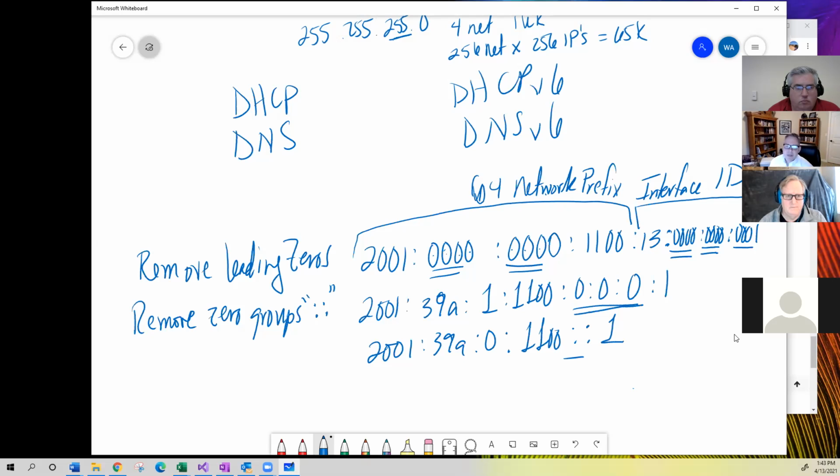So now what do we do? They're both the same size. There's 2 sets of zeros in the left group, and there's 2 sets over in the right part of this address.